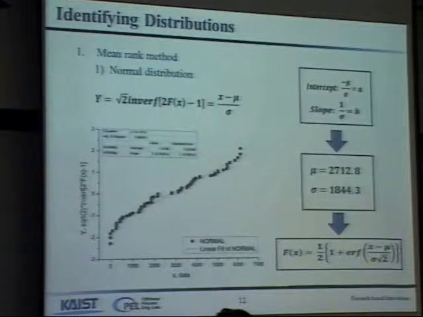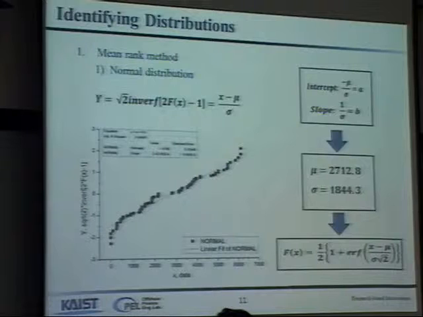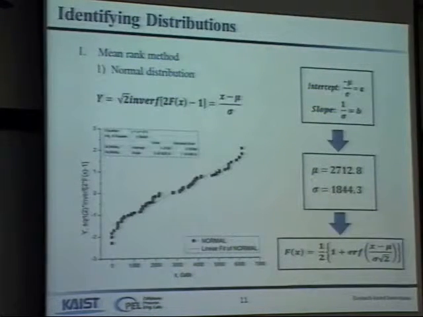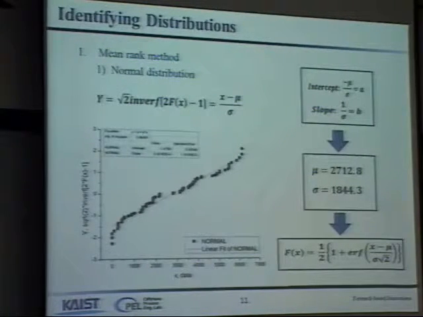This figure shows that when we assume the data set follows normal distribution, we can obtain the slope and intercept through this value.